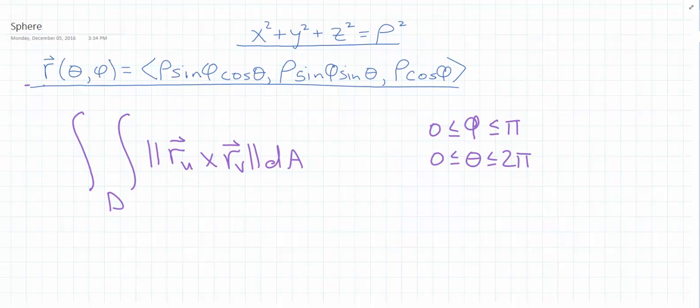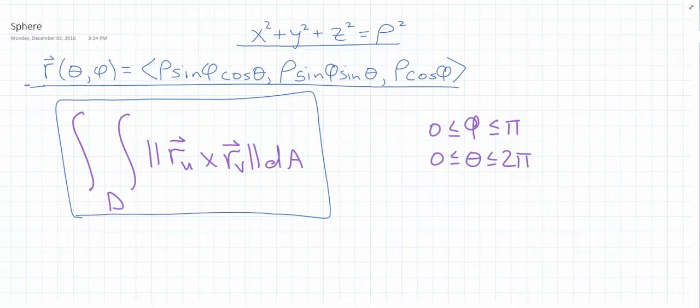The parameters here are theta and phi, and they mean what they were as defined when we studied spherical coordinates. Now, this double integral, remember, is how we calculate surface area for a surface that's been defined parametrically.